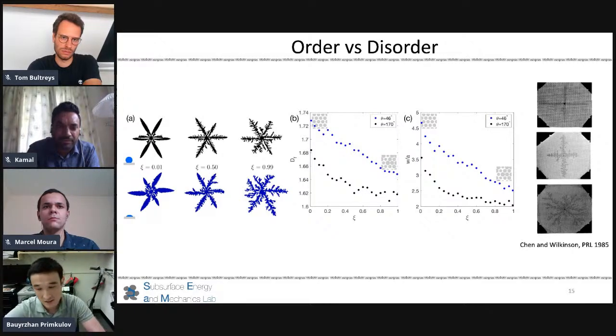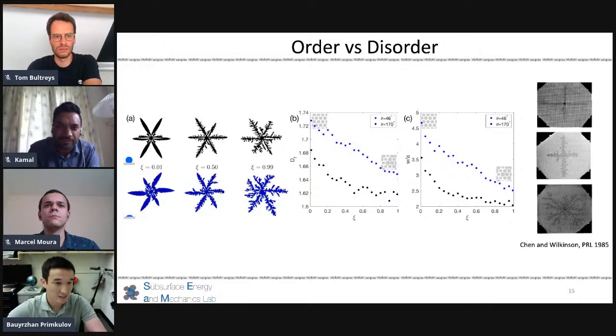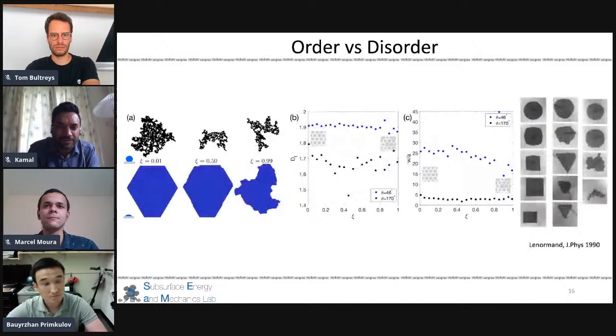It reminisces something similar to diffusion limited aggregation patterns for more disordered porous media. But overall, these patterns in more disordered porous media are very similar to what we've shown in Lenormand's diagram. And of course, what we simulate here has been observed experimentally by Chen, Wilkinson, and others more recently.